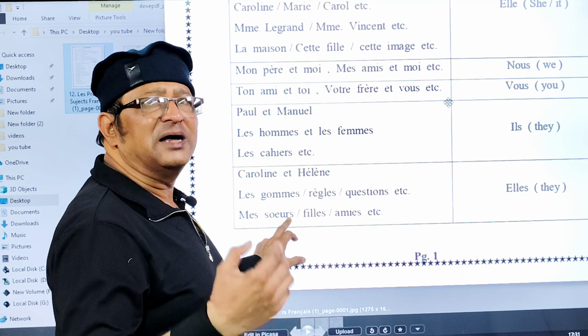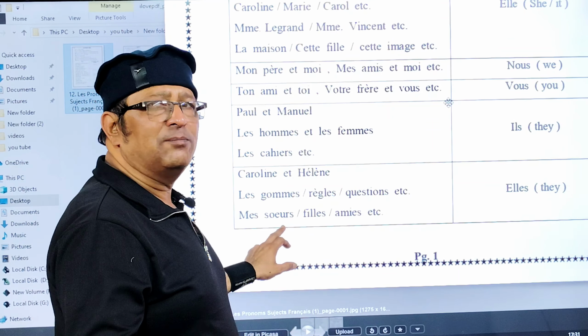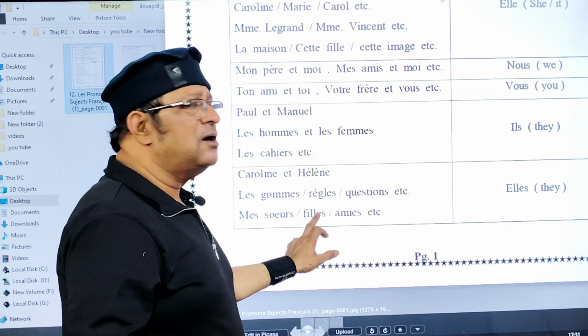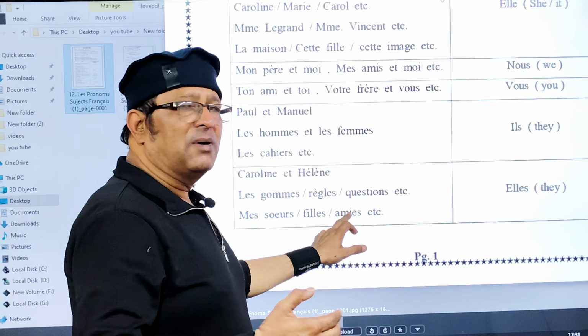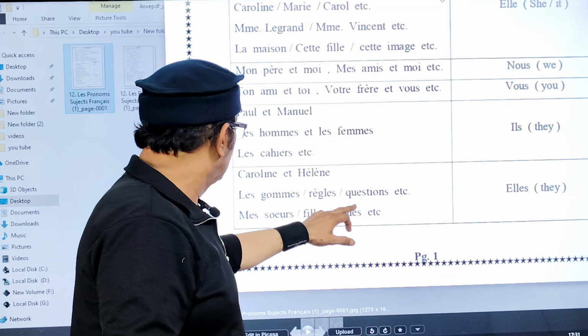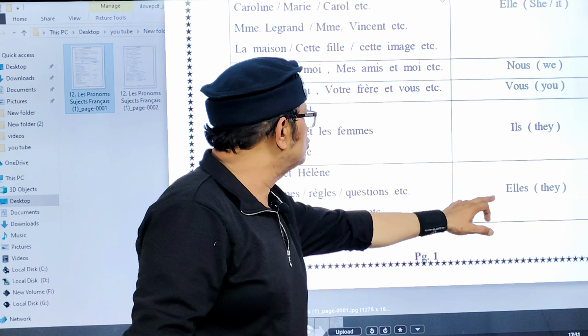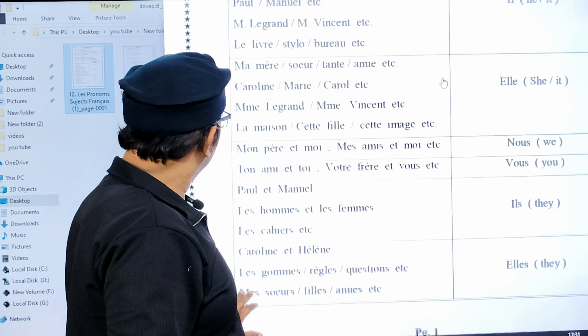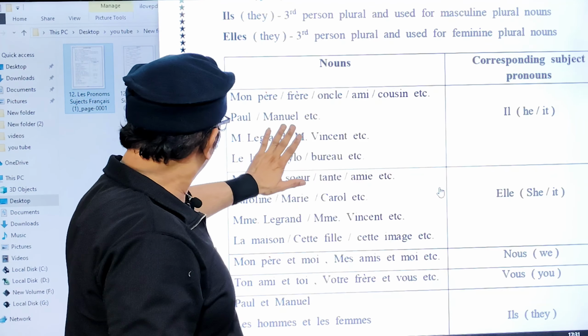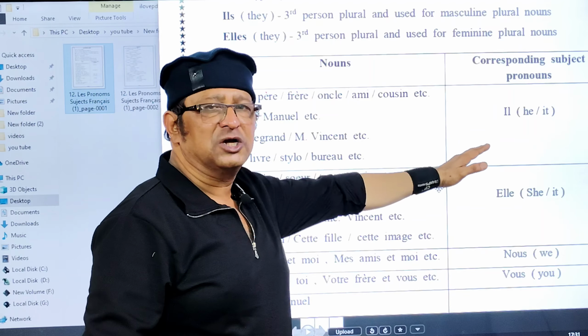Mes sœurs, my sisters, feminine plural. Mes filles, my daughters, again feminine plural. Mes amies, my friends, again feminine plural. So with these words, we have to use elles forms. So you have to understand this very well, with which word we have to use which subject pronoun.